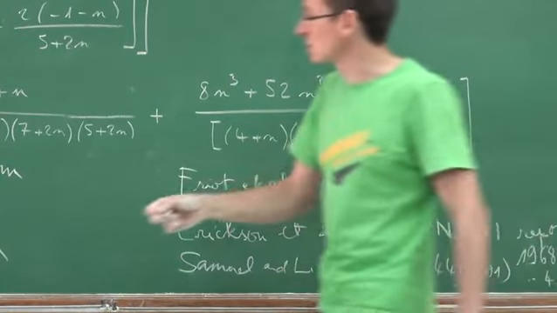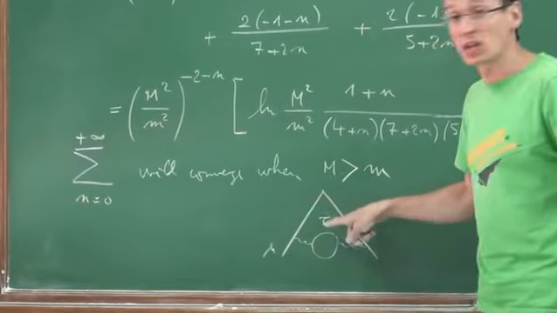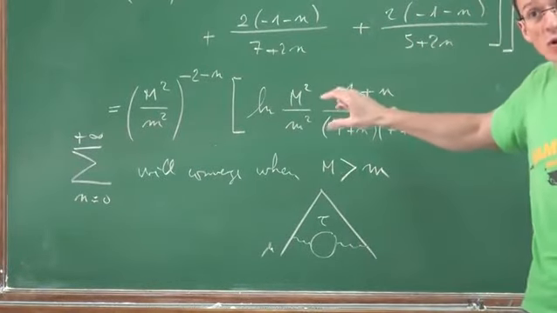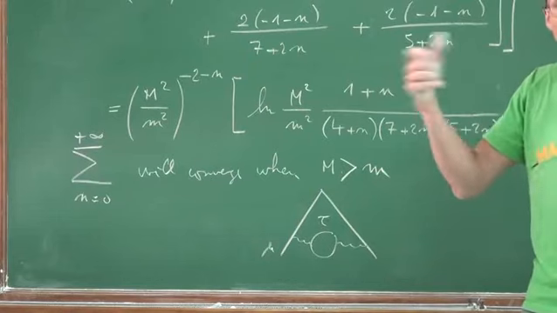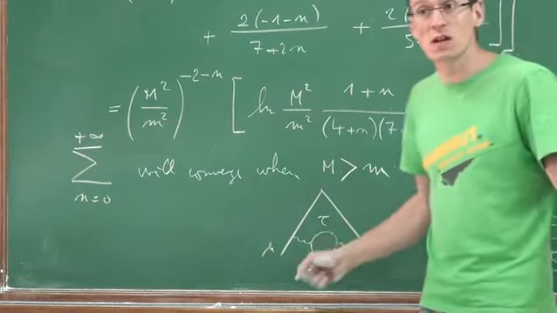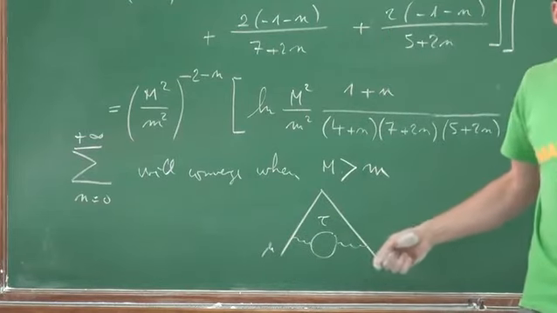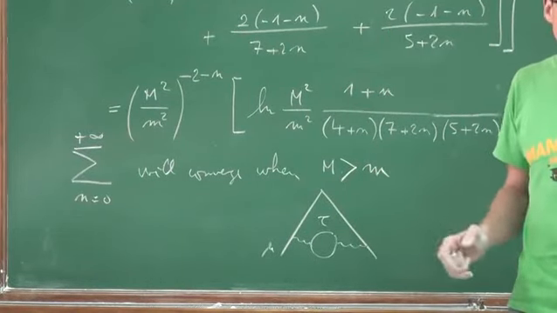Because this series will not converge for the electron. But once you have expressed the series in terms of special functions by analytic continuation, you have the right to use the mass of the electron instead of the mass of the tau. So you choose the way you want to compute it.